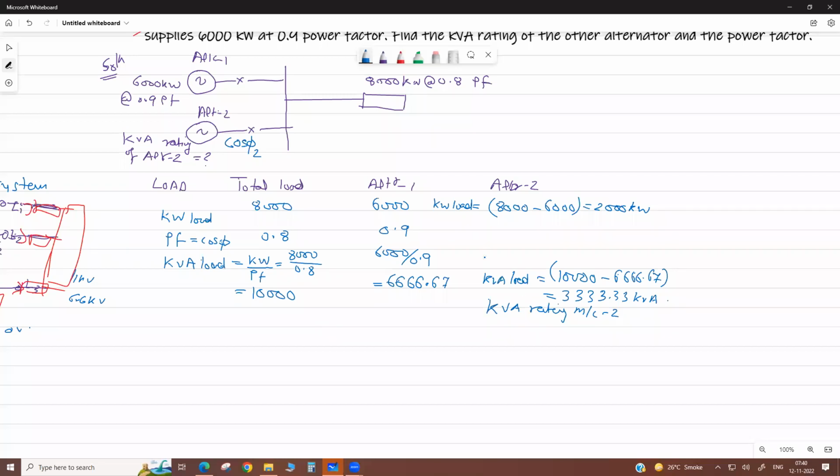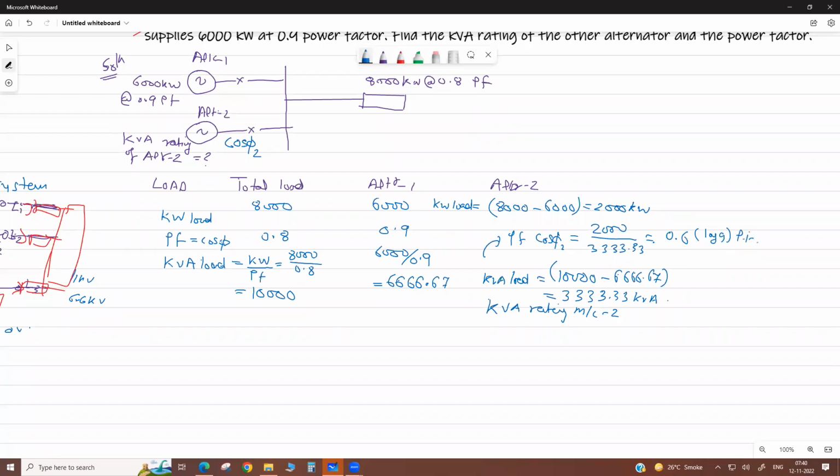Now if they ask the power factor, here it is not asked, but cos phi 2 will be 2000 divided by 3333, which is 0.6 lagging.